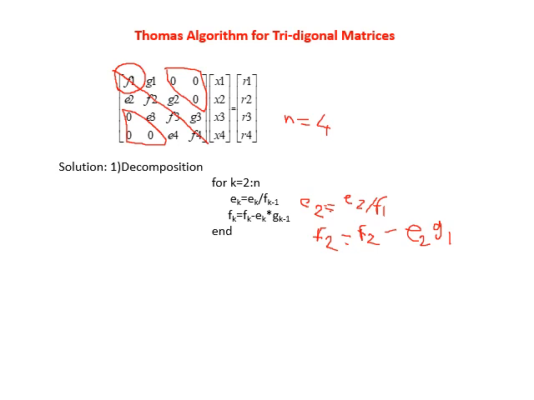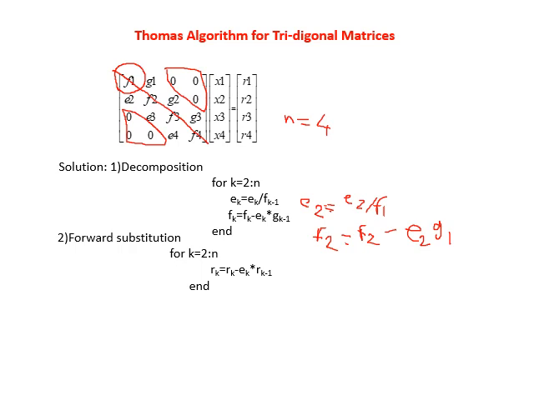Similarly, e3 we can write as e3 by f2, and f3 is equal to f3 minus e3 g2. Likewise, for k equal to 4, you can write e4 equal to e4 by f3, and f4 equal to f4 minus e4 g3. This is how you write the decomposition stage.